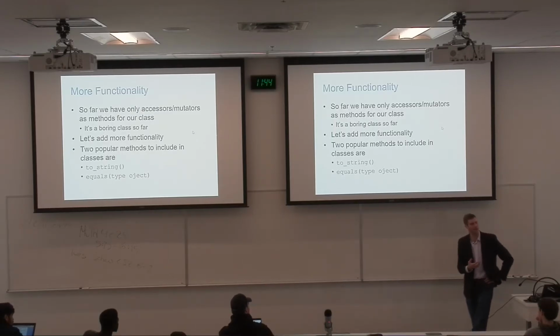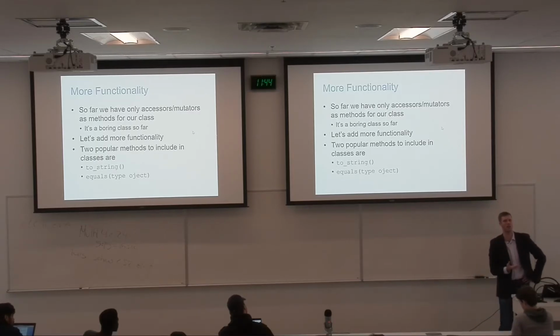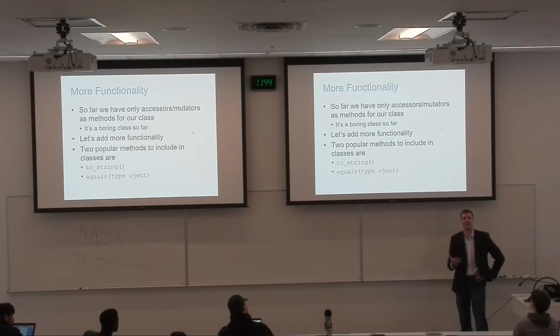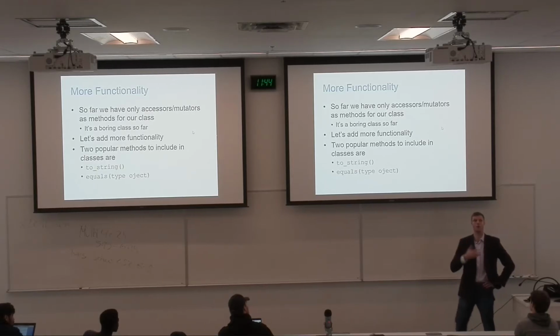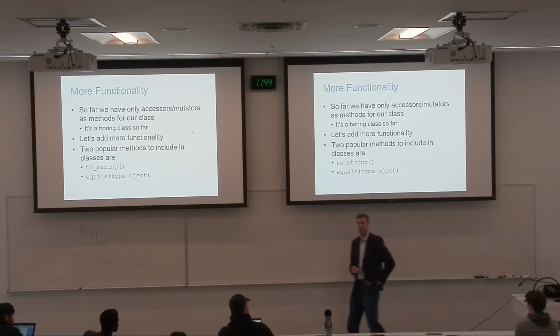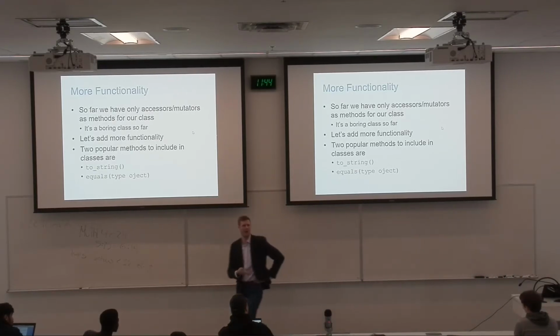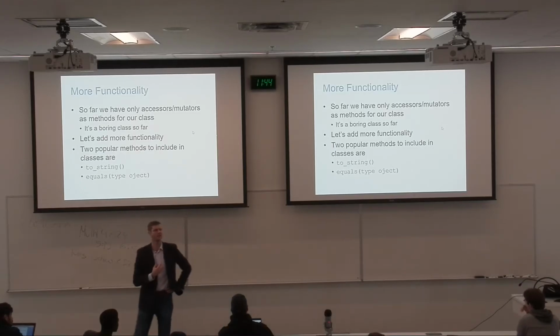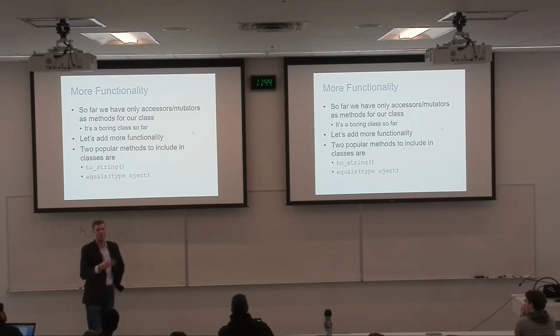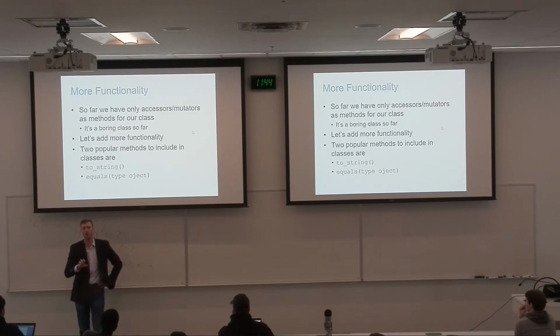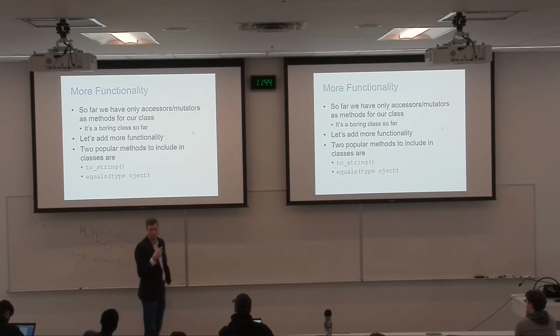So if I want to take a student object and convert it to a string, maybe that means give me their first and last name and student number or something. I don't know, whatever I want. Remember, I'm inventing this stuff. But I'm going to want a method that returns a string version of the object. I'll show you an example of this in a moment. Hopefully that'll help it make sense why we would want to do it.